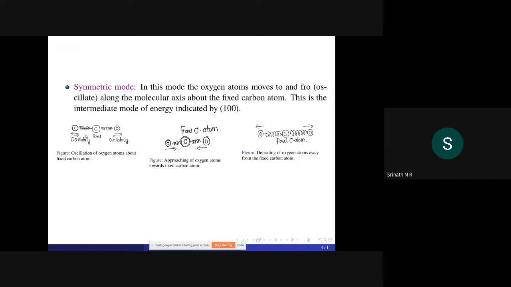In one mode, both the oxygen atoms are approaching towards the carbon atom. In the other mode, both the oxygen atoms are departing from the carbon atom along the molecular axis. It is the intermediate mode of energy, indicated by 1, 0, 0.